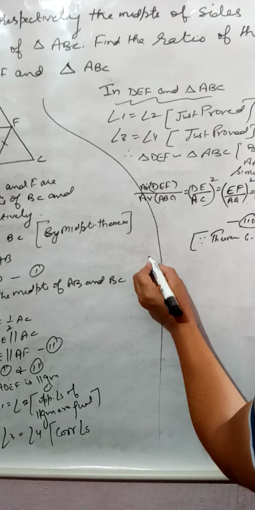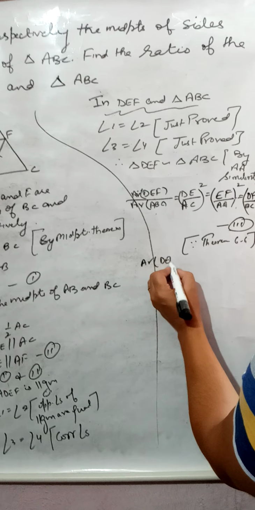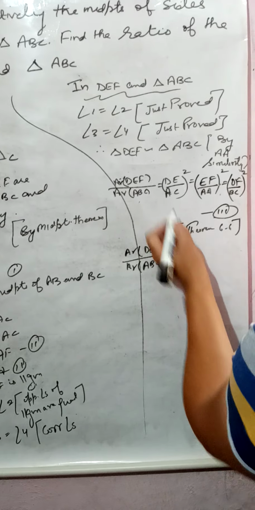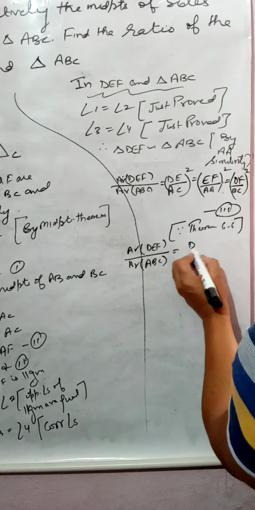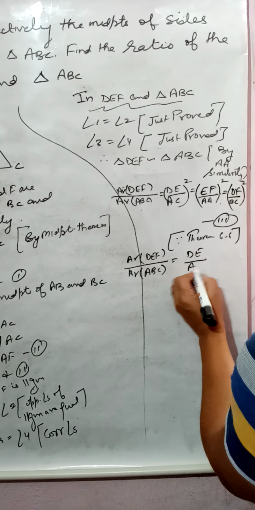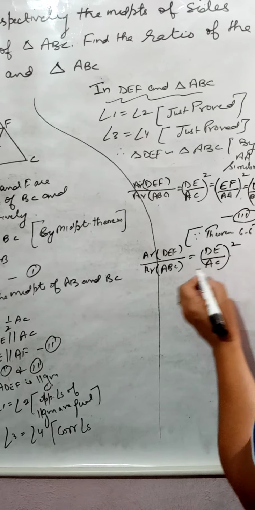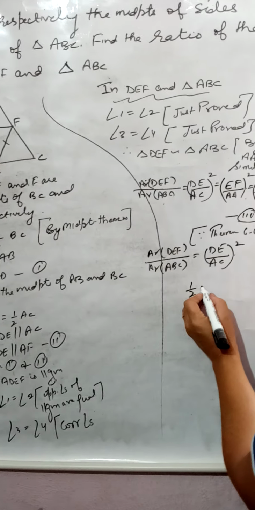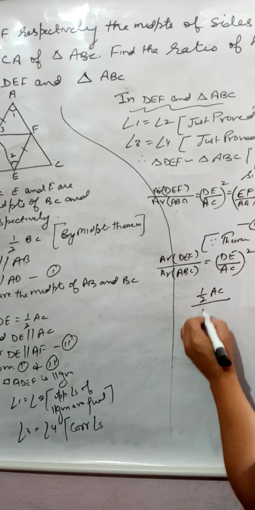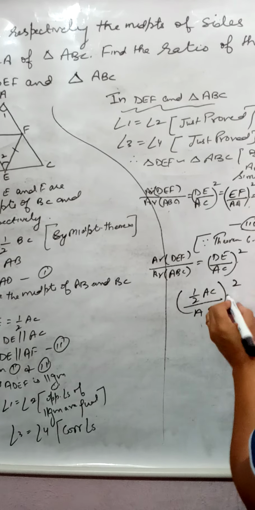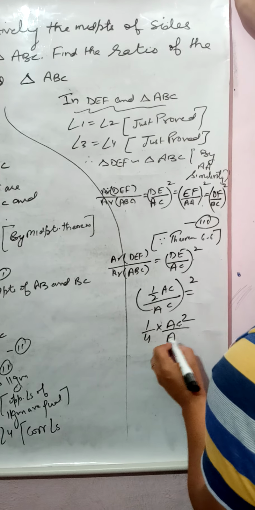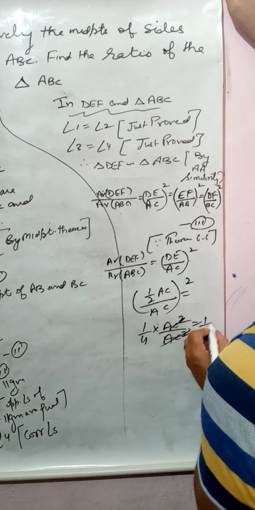Now by taking one of them, area of triangle DEF by area of triangle ABC, you have to choose one. Just taking DE by AC, DE equals half of AC, which is already proved. Now we substitute the values: AC cancels with AC, giving 1 by 4.